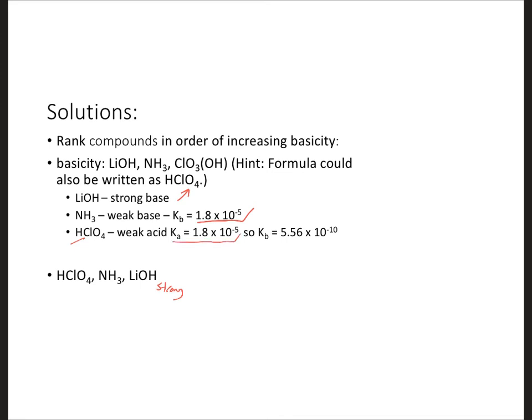If we have the Ka, we can calculate the Kb. This Kb is smaller than the Kb for our ammonia, and so the bigger numbers are going to be better bases, so that means that NH3 gets to be in the middle, and HClO4 is going to be the weakest in this series of 3.